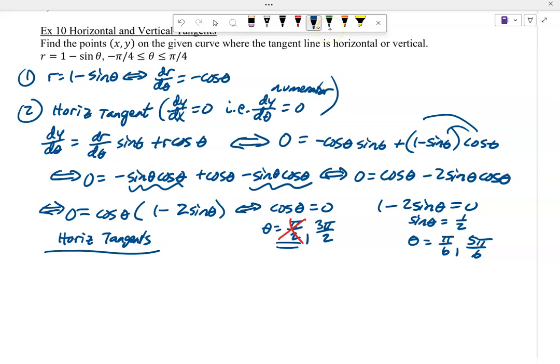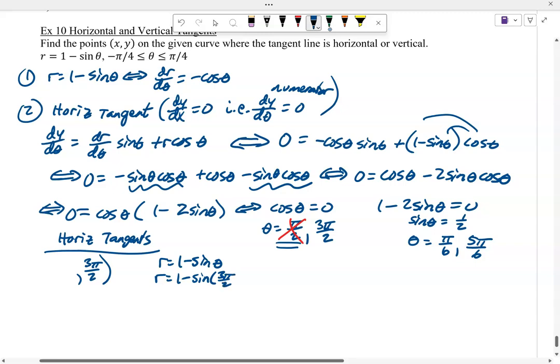So right now, if I let theta be 3 pi halves, my r, all right, r equals 1 minus sine of theta, 1 minus sine of 3 pi halves. I know the sine of 3 pi halves is negative 1, so I get 2. So my r is 2, r theta. So I'll have a horizontal tangent there.